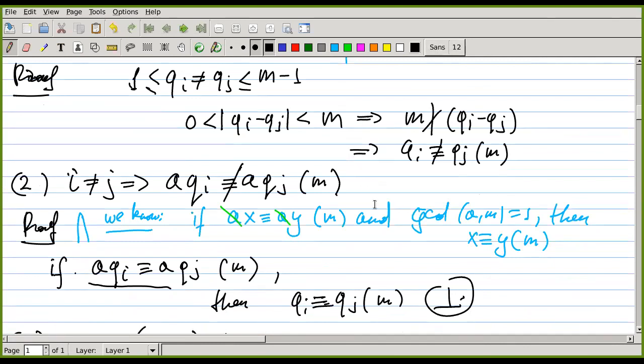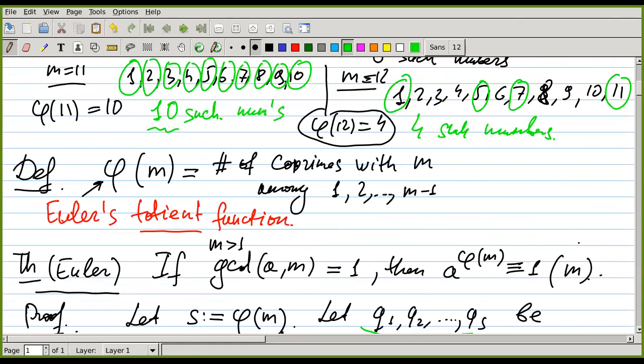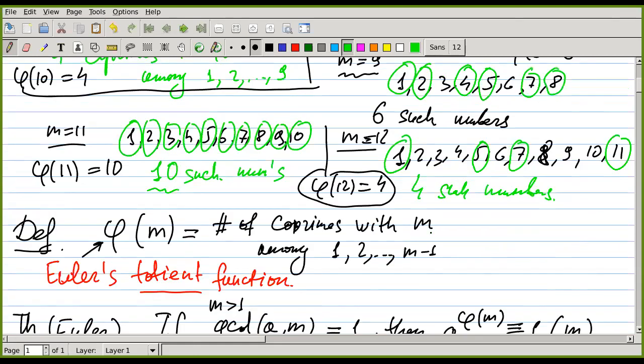So, what does Q mean? What is Q? Let Q1, Q2, ..., Qs be all the numbers among the numbers from 1 to m minus 1 which are co-prime to m. These are all the co-primes with m, whose quantity phi counts.